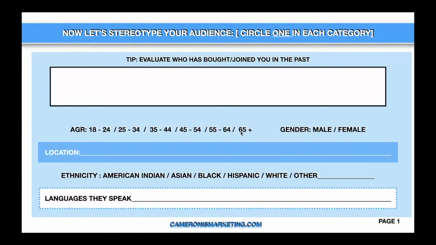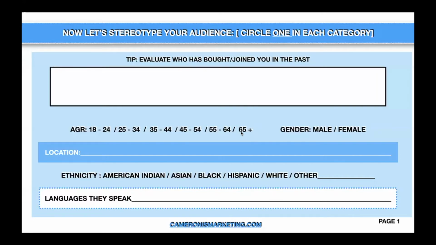Someone who's 55 to 64, they're retired most likely. They have grandkids. Their whole outlook on life is totally different. So this is why you want to segment your ages.